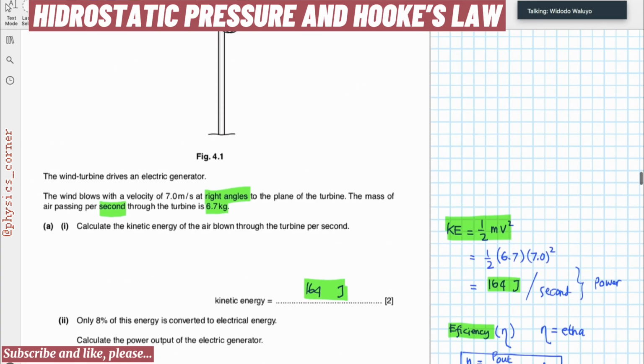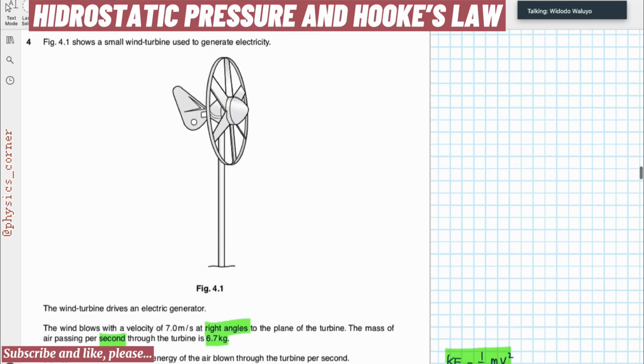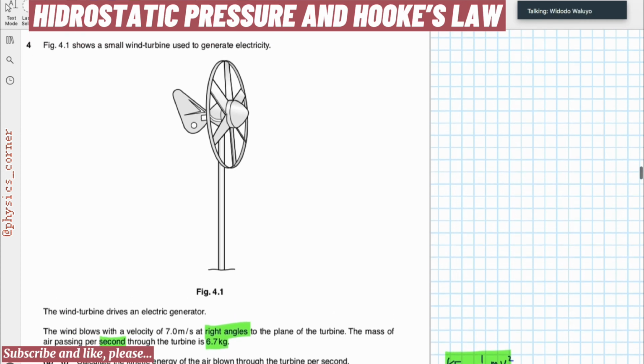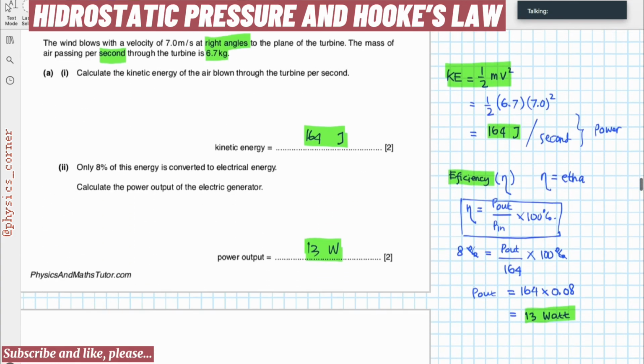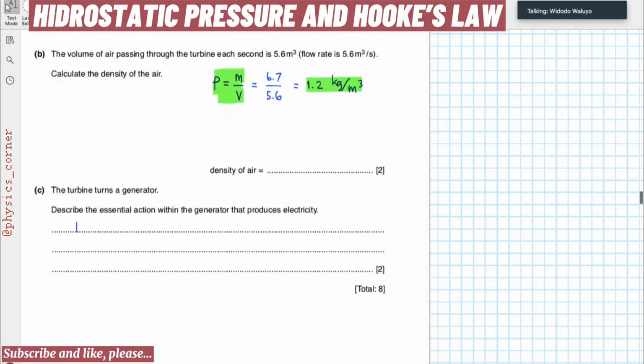This is from wind, generate... what is it called, the propeller. Okay, this is from kinetic energy, kinetic energy changed to electromagnetic induction, become electricity.